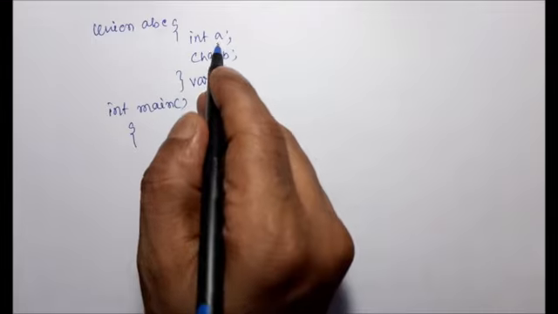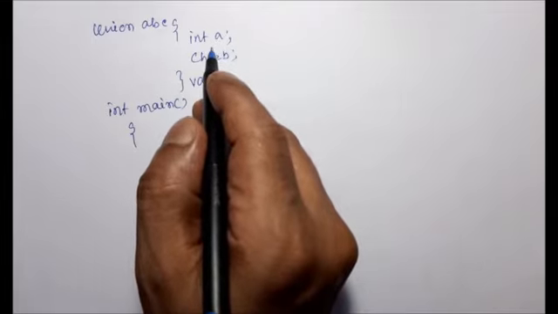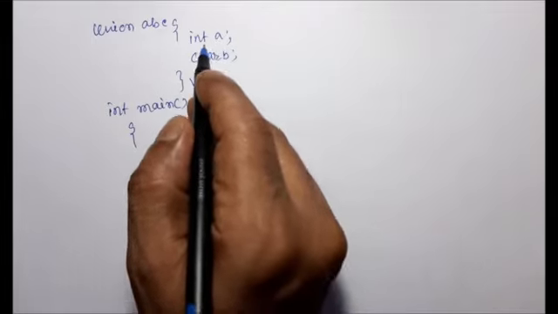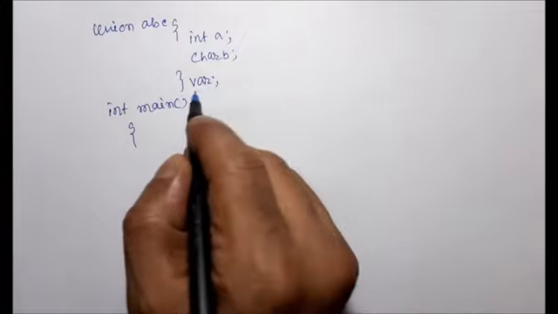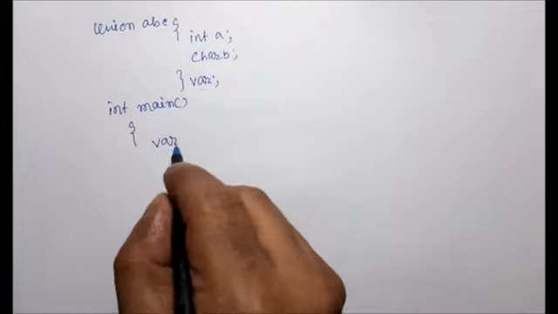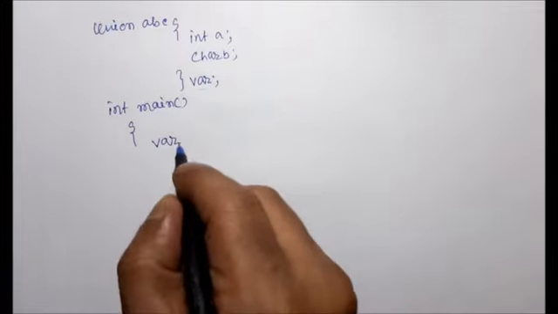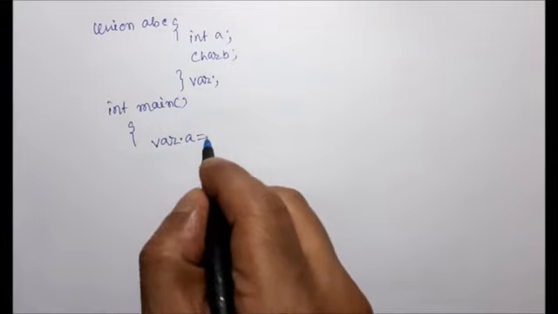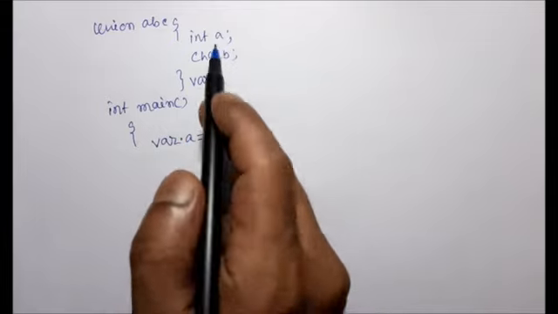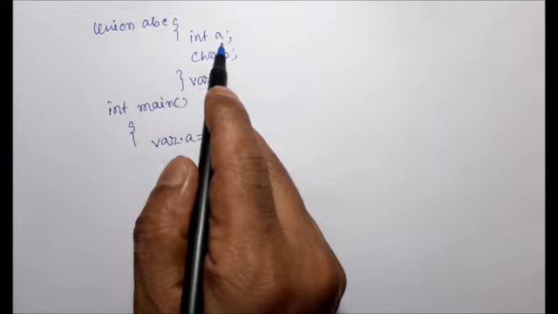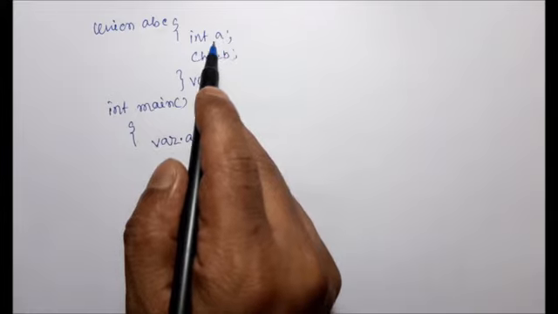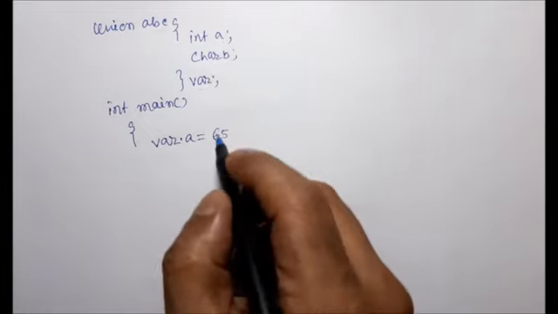The same way as in structure, we write the name of the variable, var dot a equal to, for example, 65. So I initialize the value of member a, which is an integer, to 65.